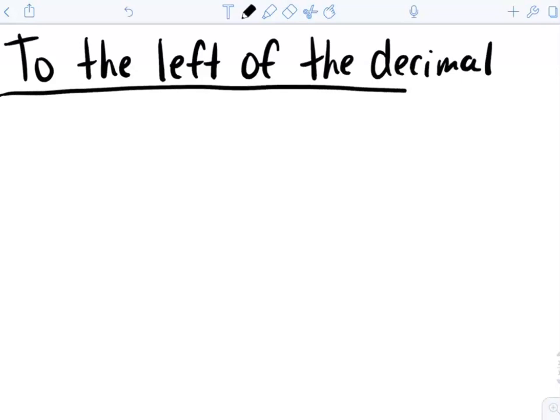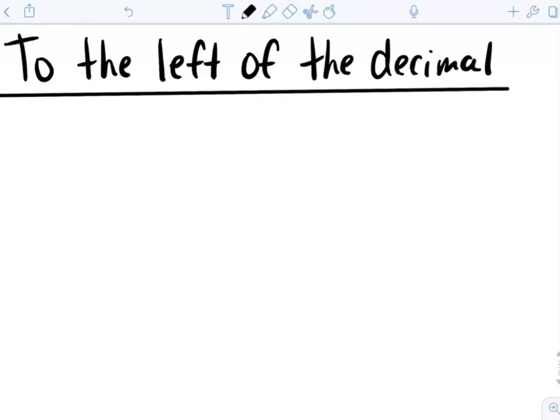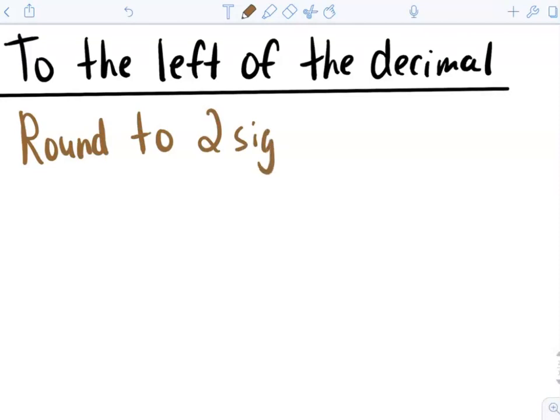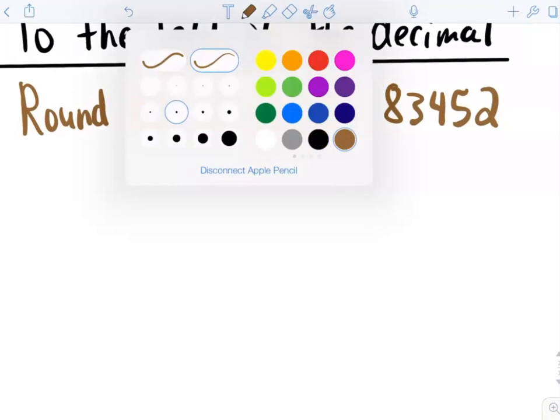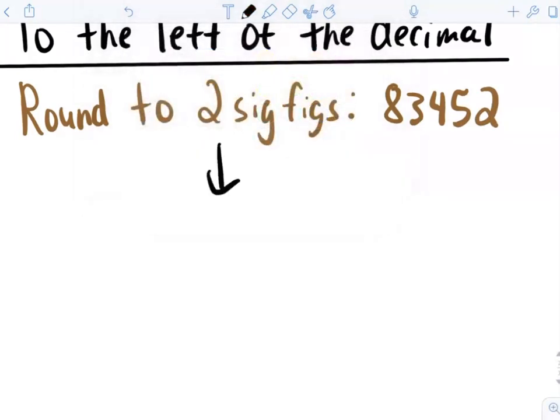So let's say that they told us that we needed to round to 2 sig figs, 8, 3, 4, 5, 2. Okay, well, in order to do that, we have to change that number to scientific notation.